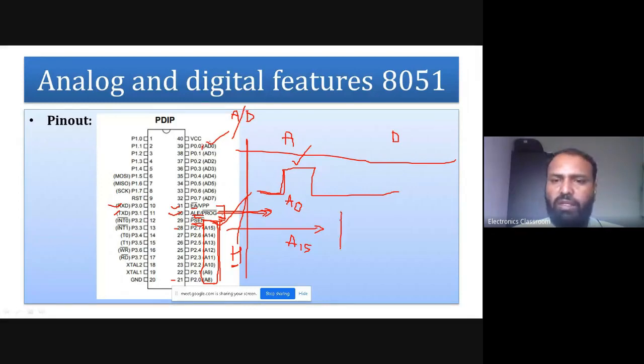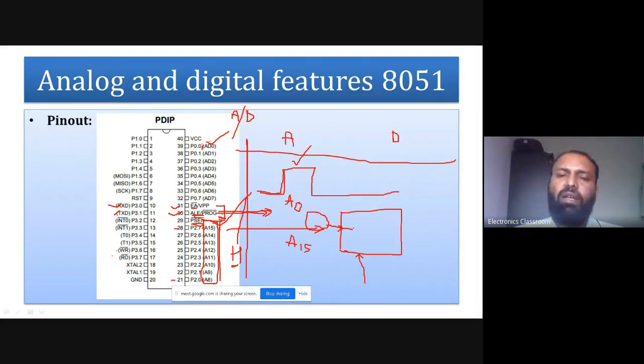Our demultiplexing logic will pass only the address to the address pins. Then our read or write signal will be given to memory so that memory can understand that I want to perform a read or write function on this particular address.